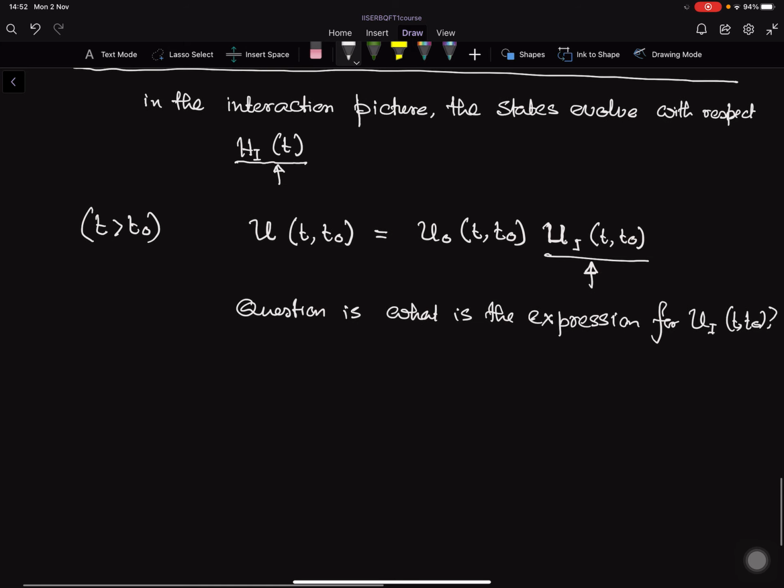So first thing you can show is that this ui(t, t0) satisfies the following differential equation.